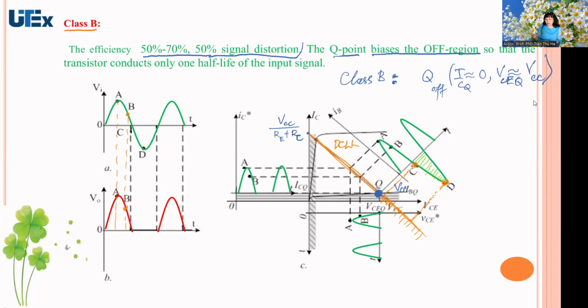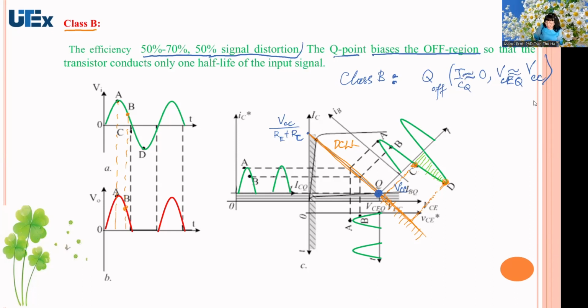It means the system is now biased in the cutoff region, in the off region, and not working. But the information can be amplified if you give it.